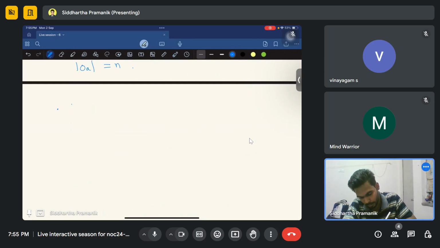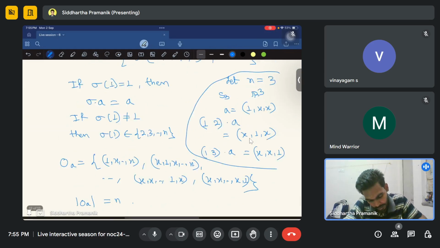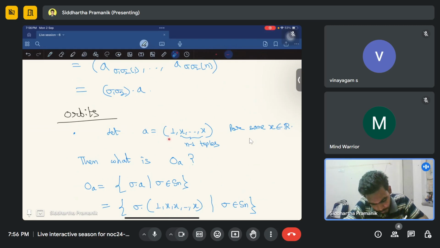Okay. Now let's try to see the orbit for one more type of element. So let A be equal to x1, x2 up to xn belonging to Rn, where the xi's are all distinct. So in the earlier case, we have only first coordinate 1 and other coordinates are all the same, fixed element x.